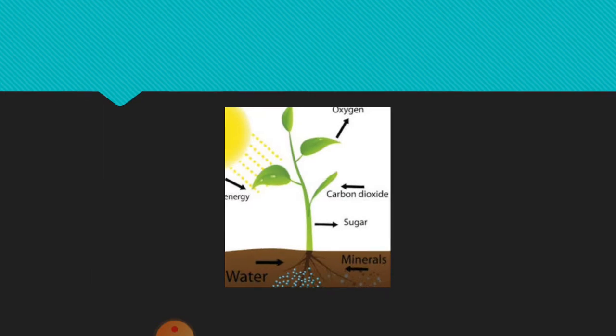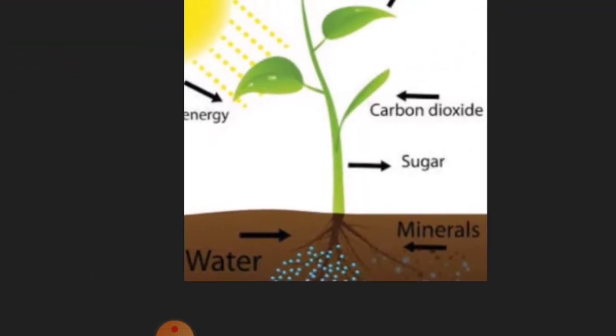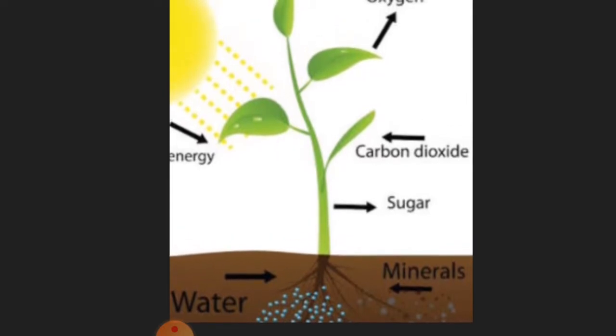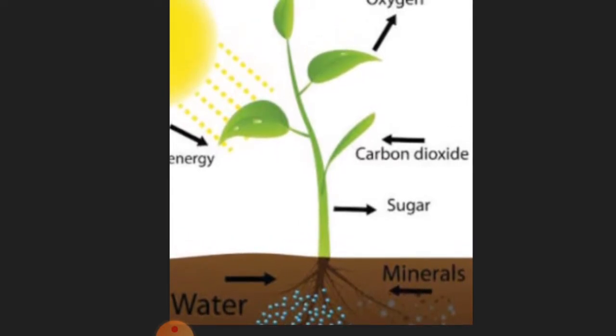The leaves have small pore-like structures known as stomata, where the carbon dioxide enters into the leaves, and also the water which is absorbed by the roots. They jointly reach the leaves, which have the capacity to trap sunlight because they have chlorophyll.